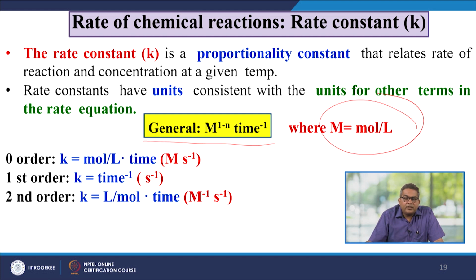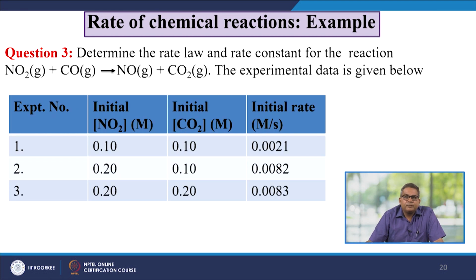For zero order, the unit of k is given as mole per liter per time, that is M over s. For first order, k is given as time inverse, and for second order, k is given as liter per mole per time, or mole inverse second inverse.